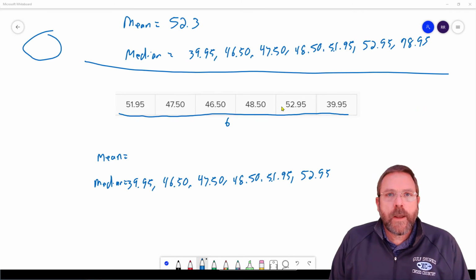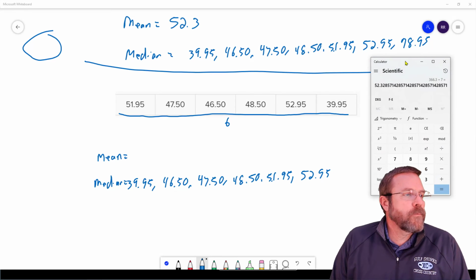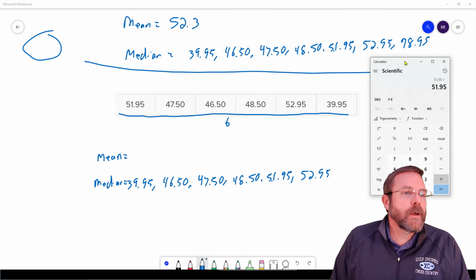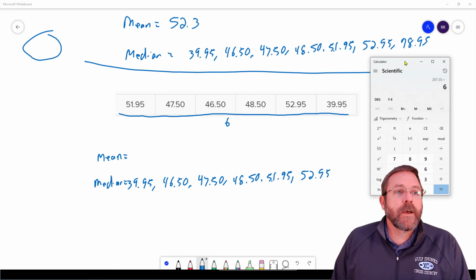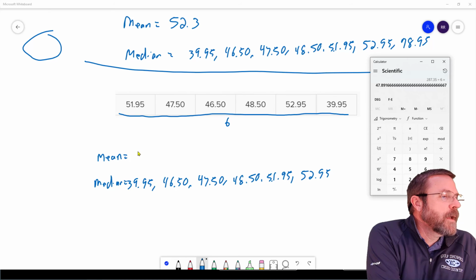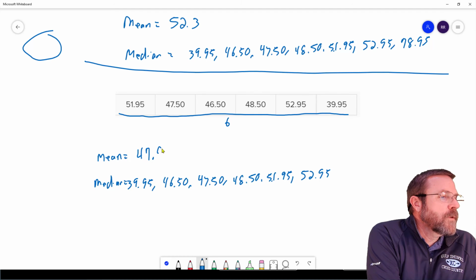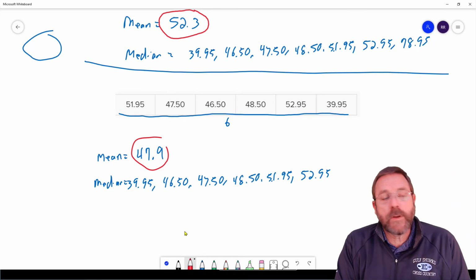So I've taken the outlier out of my set of data, and now we're going to calculate the mean without the outlier being involved in it, which is 51.95 plus 47.5 plus 46.5 plus 48.5 plus 52.95 and 39.95, and this time we're dividing by only 6 values, which means that we're going to have a mean or an average of 47.9 rounded to the nearest tenth, 47.9, and when I compare that to this, there's a pretty big difference between the two of those.